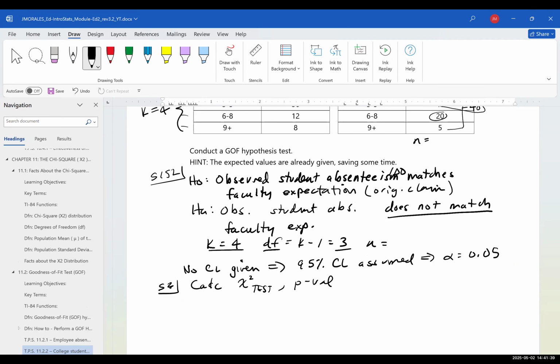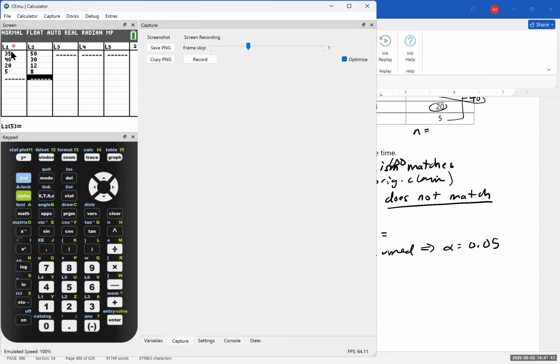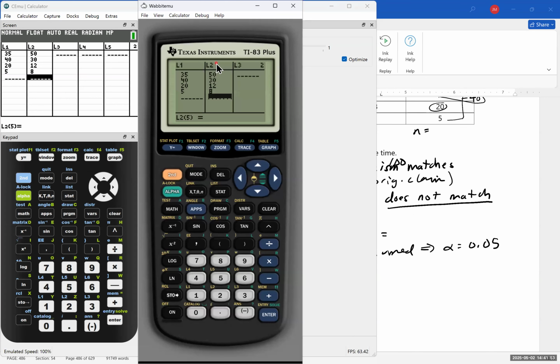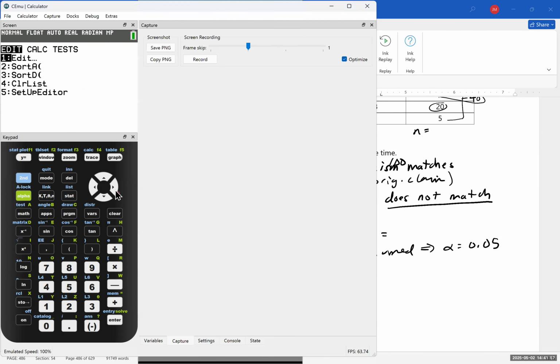All right. So we need to use our goodness of fit test. So I went ahead and I put in the observed and the expected. Over here, same, observed and expected. And then we'll go to tests.